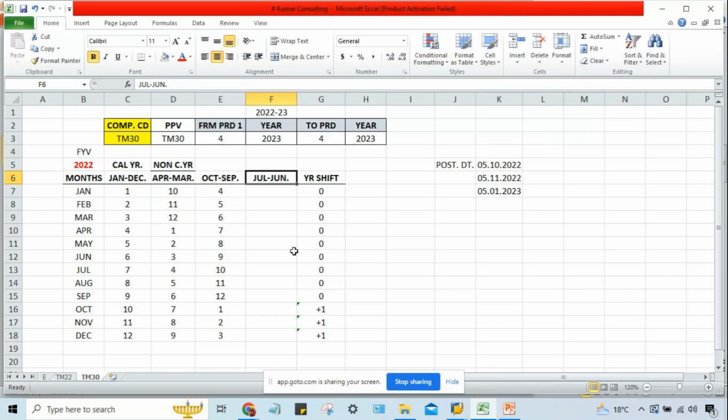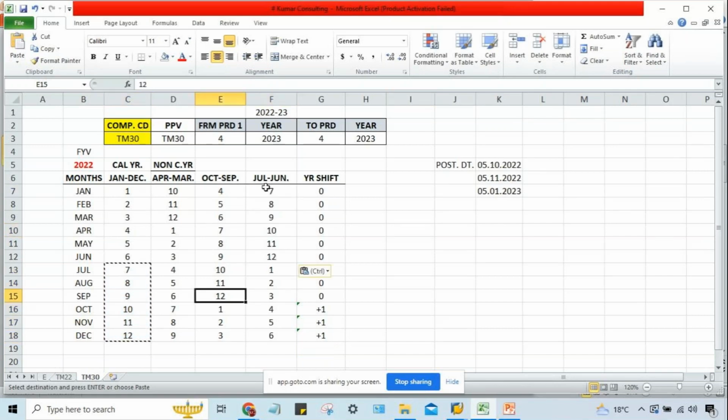Simple logic. So here, guys, July to June. July to June means July onwards the first month is going to start, the first period. So first till 6th, it will be July onwards. Now we are talking about this July to June.